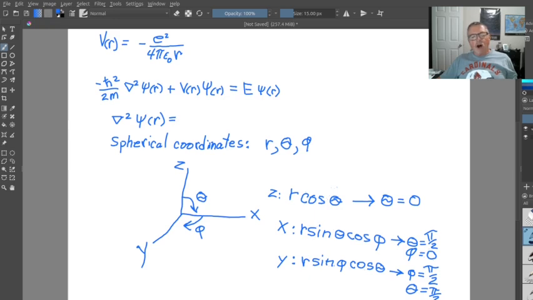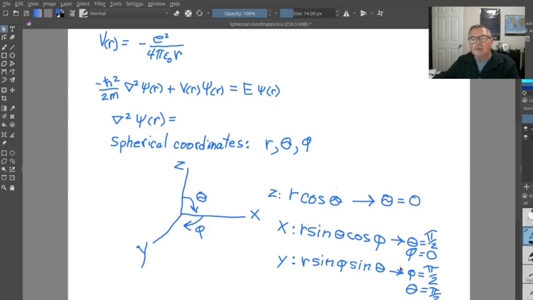If it's all y, it's going to be r sine of phi, and phi is pi over 2, so it's all on the y. And the theta angle is going to be equal to pi over 2. I just fixed this. This was cosine, it should be sine. Because if both of these are pi over 2, then both of these will be 1 over here.